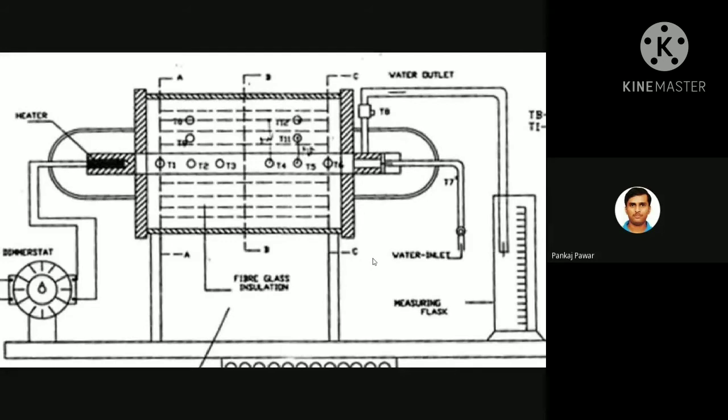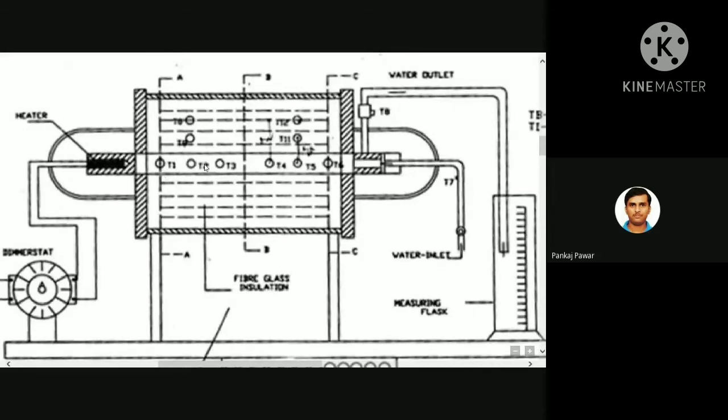Correct. Now we'll see how many thermocouples are used here. A total of 12 thermocouples are used in this experimental setup, T1 to T12. Out of that, T1 to T6 are located on the surface of the metal rod in the test section.